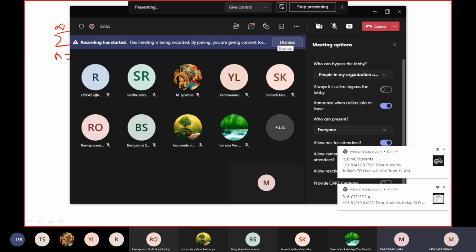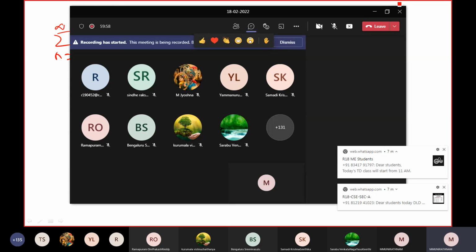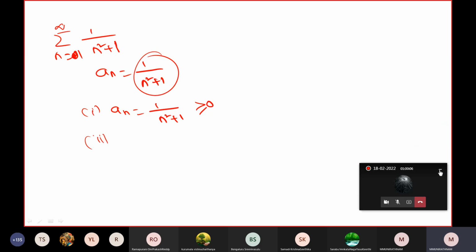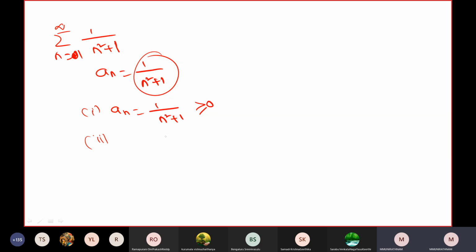You know that n is an increasing function, n square is also an increasing function.